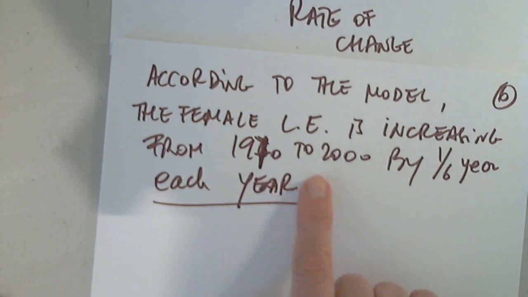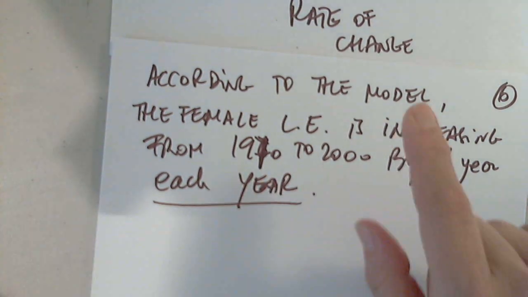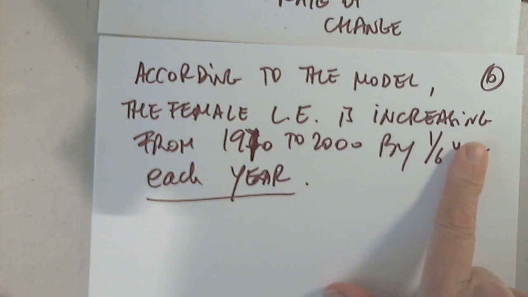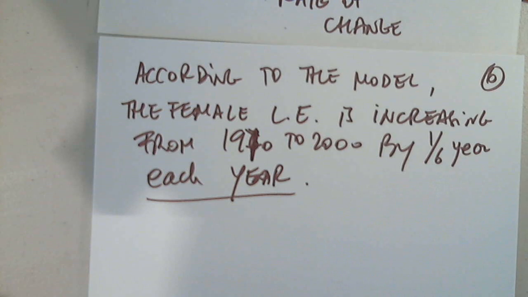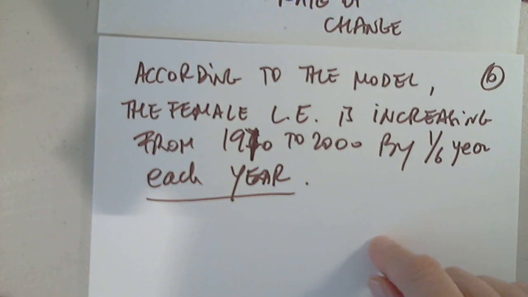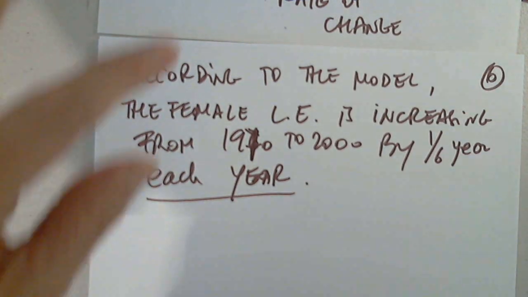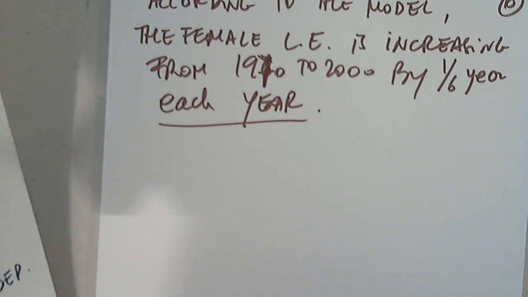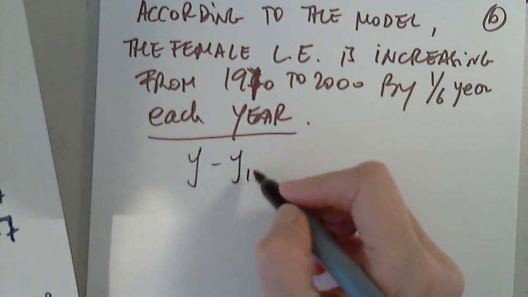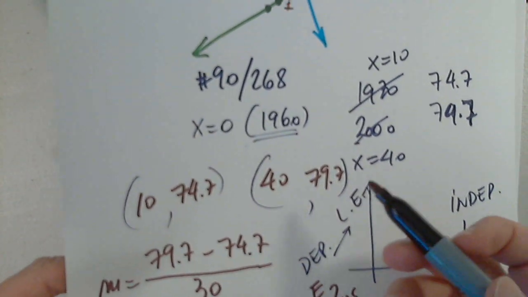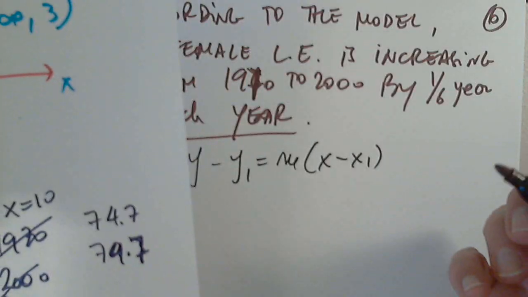So, over the last 30 years, it appeared that the female life expectancy has been increasing by 1/6. It's not much, but still it's not decreasing. Increasing by 1/6 of a year each year. Okay, now let's find the model, because we haven't finished. So we'll be using y minus y1 equals the slope times x minus x1, and I already have 2 points. I'm going to use this one, doesn't matter.